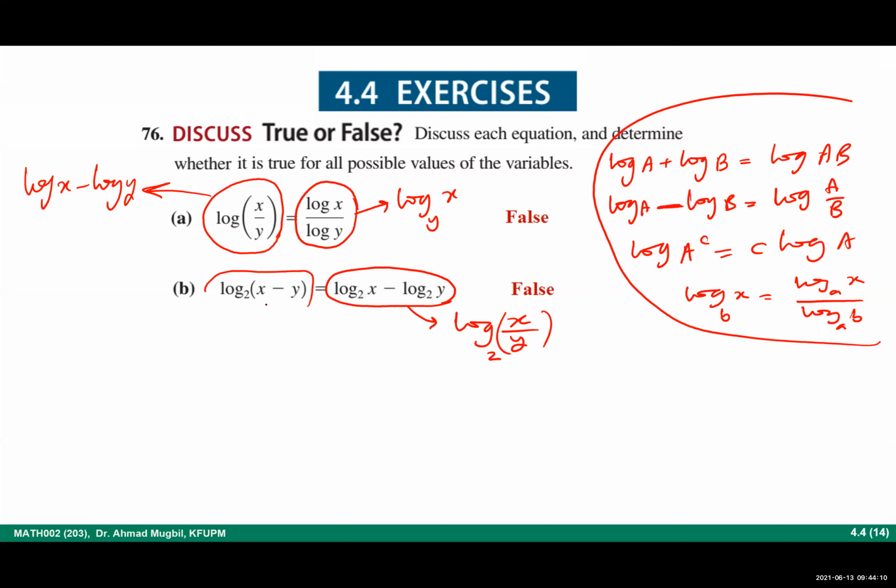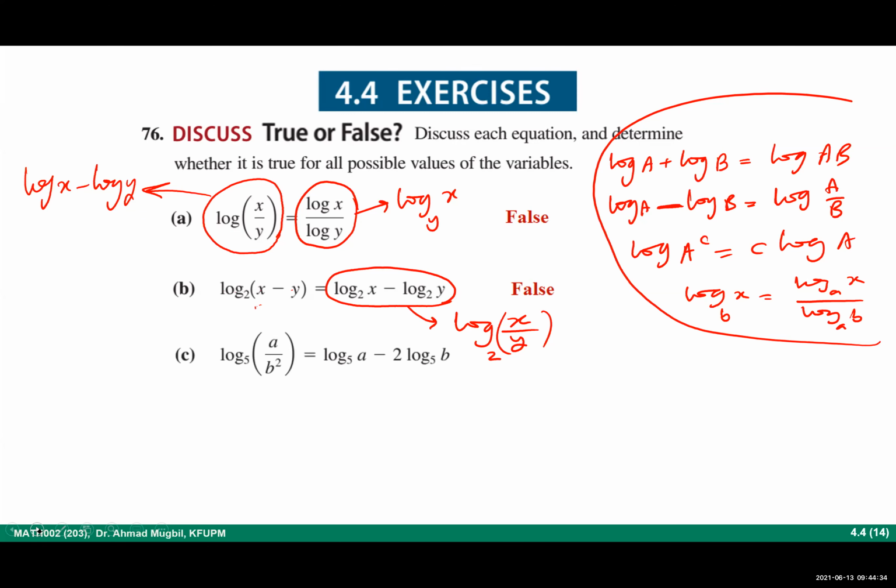But this one is as it is. We cannot distribute the log over the difference. This one as it is. We cannot do anything about it. You can just simplify what is inside. So thank you.